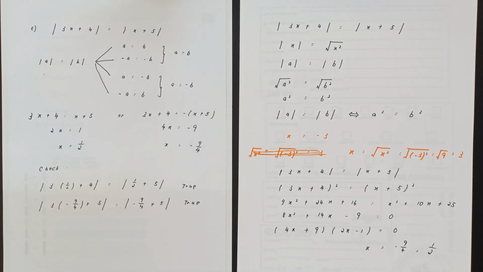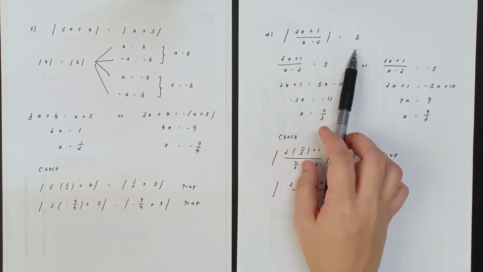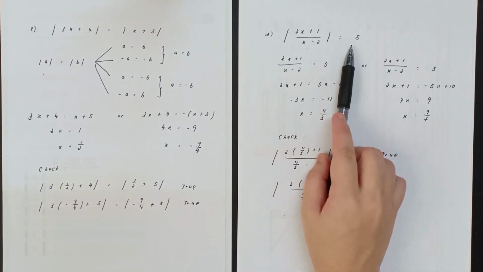Your question might be, how about the question that we did previously? Can we use square? I don't encourage you to do that, but in terms of mathematics, you can do that. For example, if you have D, can you do squaring? Yes, because you know that 5 is a positive number.